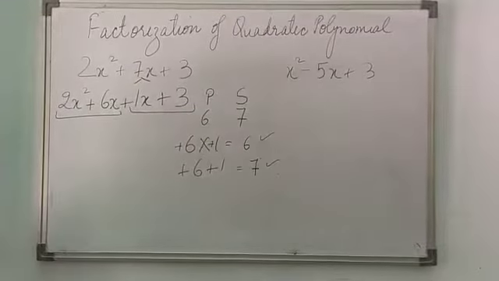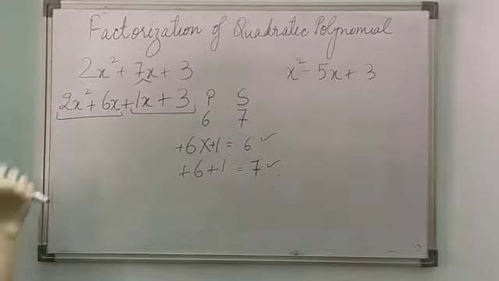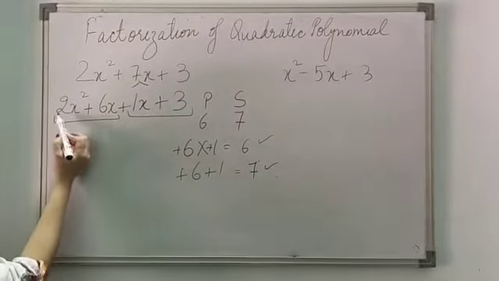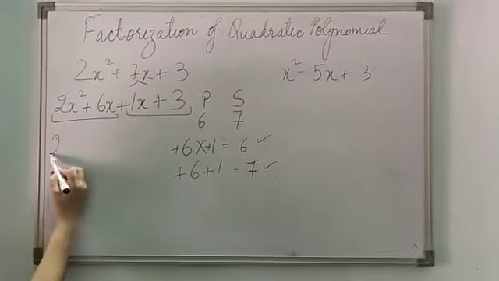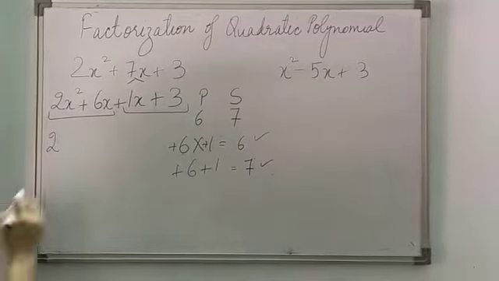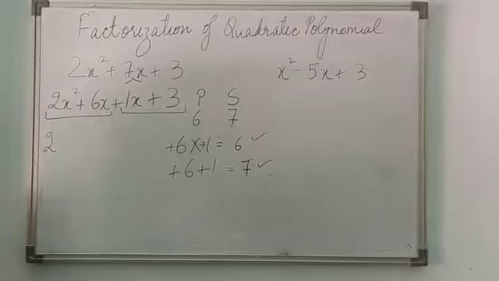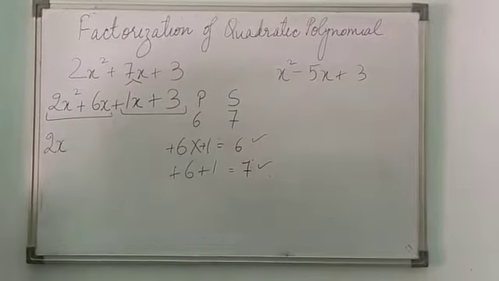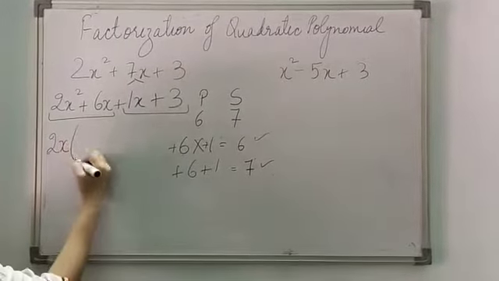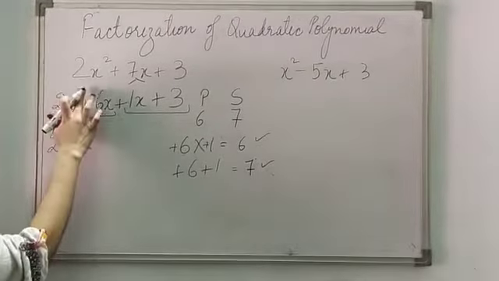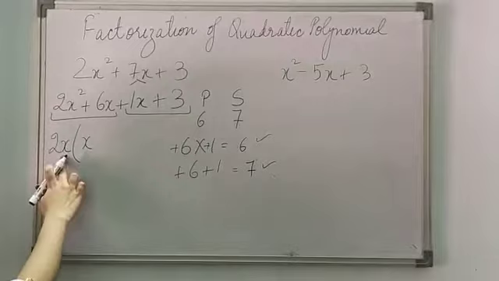Once you do the grouping, you have to see which term is common, and take that term out. Here you observe 2 and 6, so 2 is common, and on one side you have x square and on the other side you have x, so x will be common. 2x is taken out, 1x I have already taken out, so how many x are left?